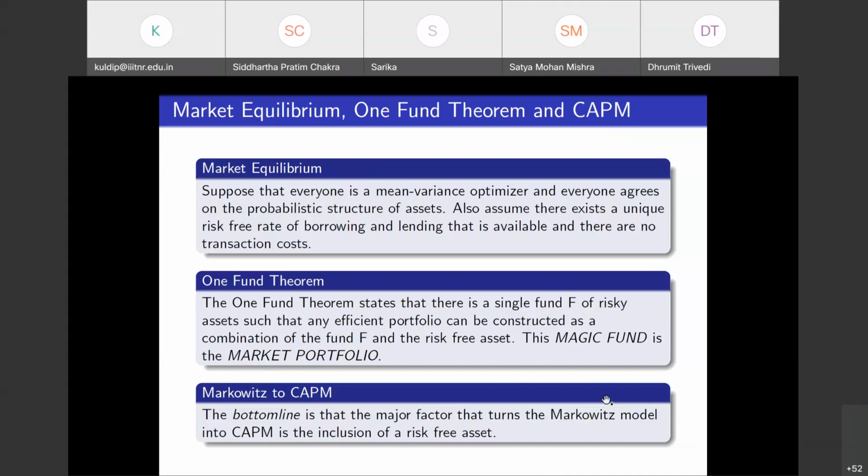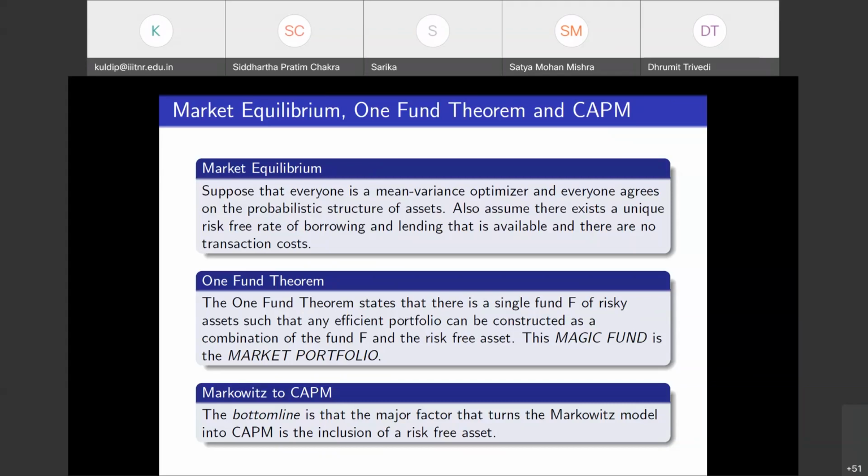So now once we have these n plus one assets, obviously for this also we can have an efficient frontier. Any portfolio on the efficient frontier is a combination of the risk-free asset and a fund, which is known as the market portfolio.